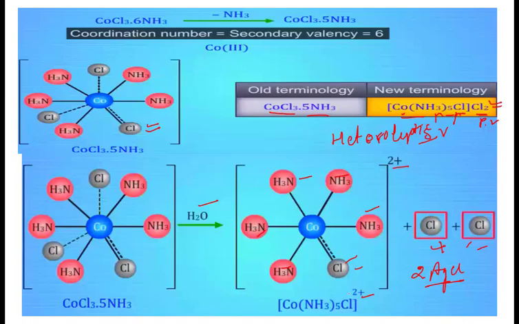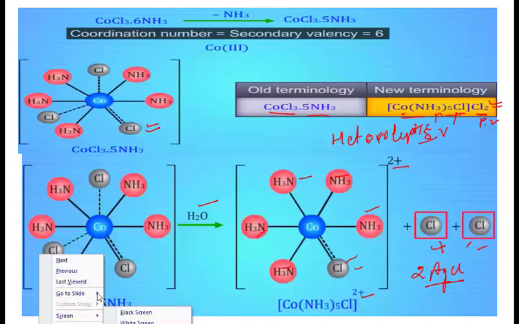Okay. In the same manner, for the next species, I can show, for example, the complex is [Co(NH3)4Cl2]Cl.